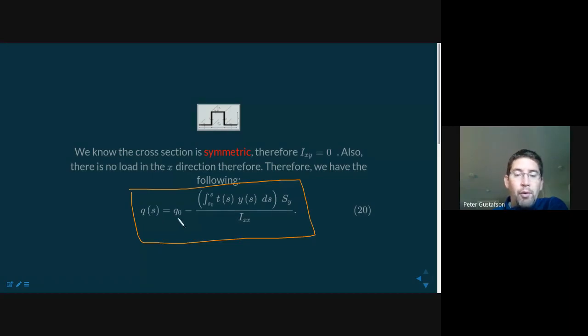Q of S is equal to the initial stress, so that's the integration constant, minus the integral from the starting point to the ending point of T of S, Y of S, ds, now times the shear resultant Y over IXX, the area property of the cross section.